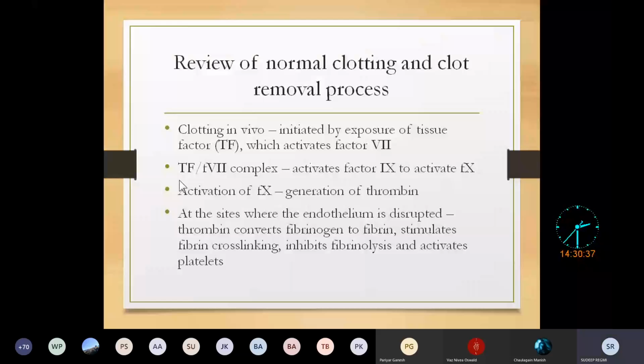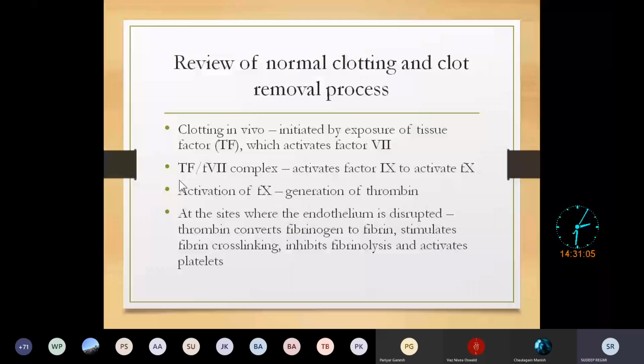So whenever there is an injury or disruption of the endothelium, at that area where the primary platelet plug has already been made, there the thrombin will help in formation of the fibrin from fibrinogen, and it will cross-link the fibrin with the help of the factor 13.